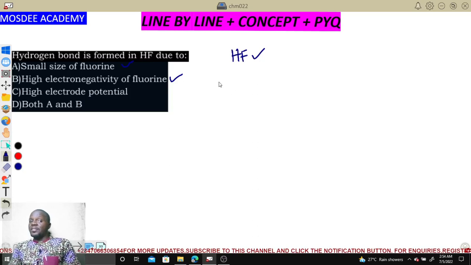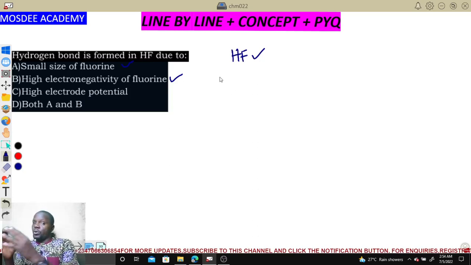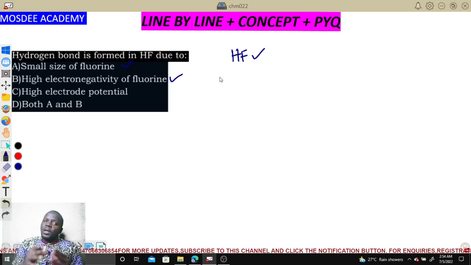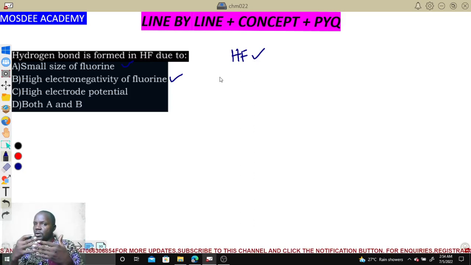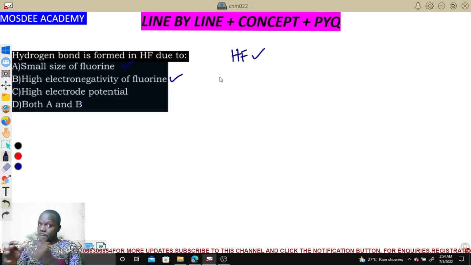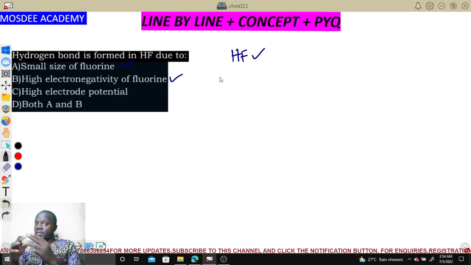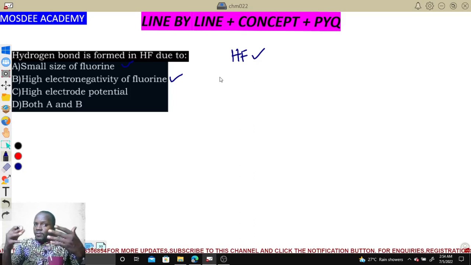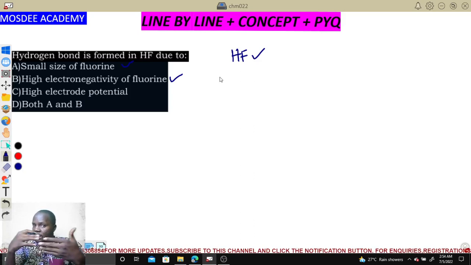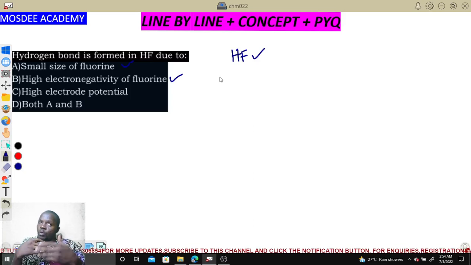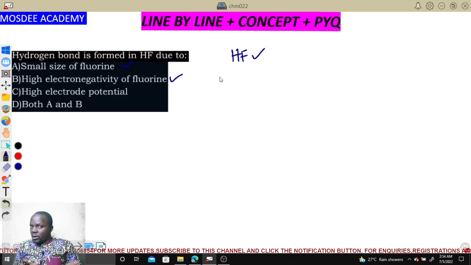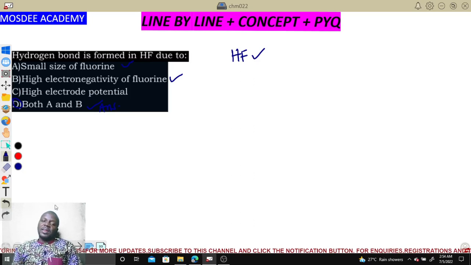Most hydrogen bonds are formed as a result of high electronegativity between hydrogen and a highly electronegative substance. But fluorine is also having a short bond length, because from the theory of VSEPR, valence shell electron repulsion theory, the fluorine bond length is short. They are very, very close because they are almost close to an octet. So because of that, they easily clamp themselves together with hydrogen. So it's a good reason you can also pick. Again, when you have an option that has both, you can always think very well before you pick an answer. Please note that.